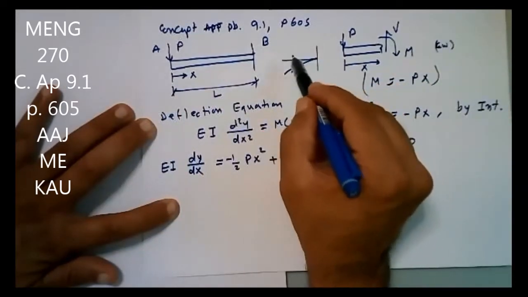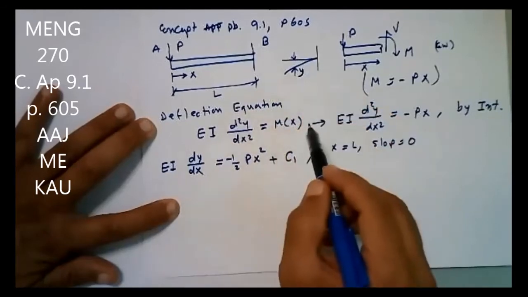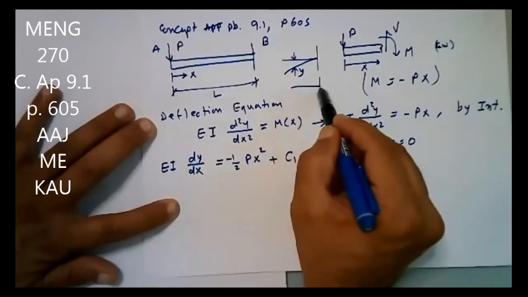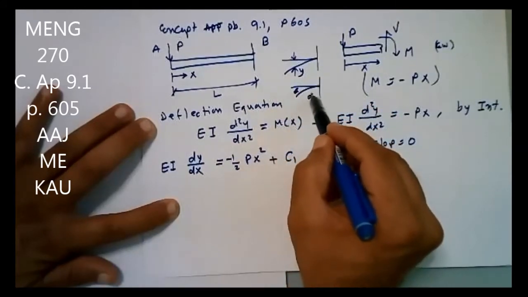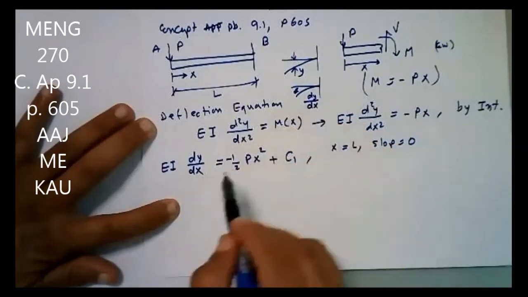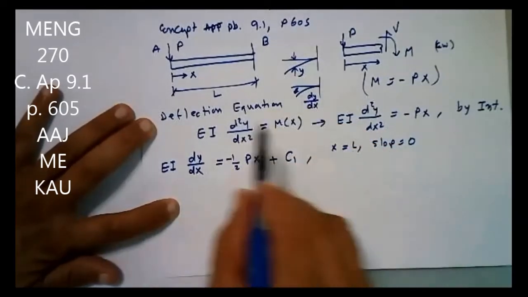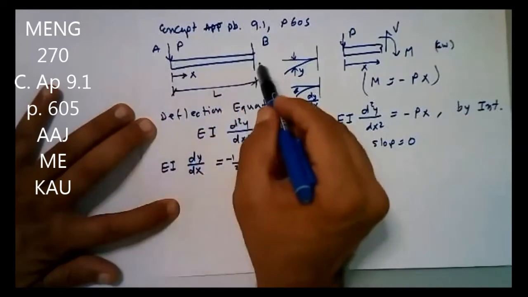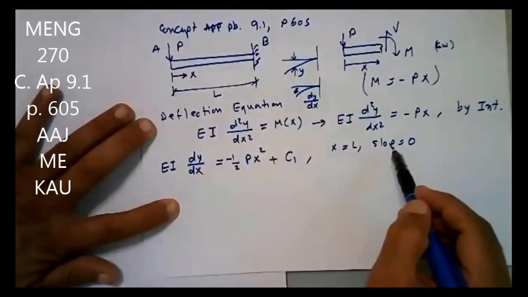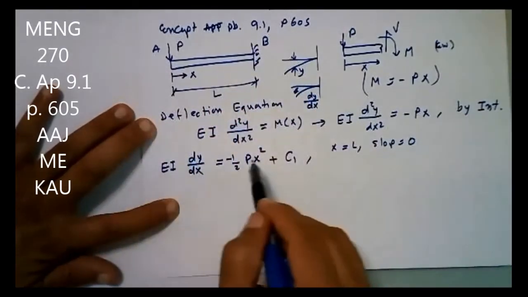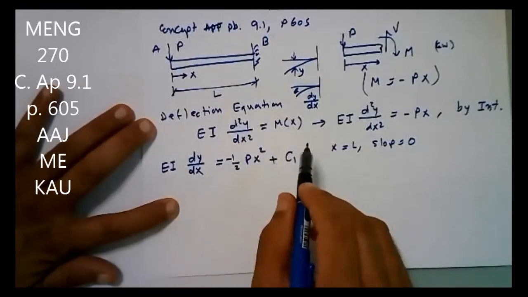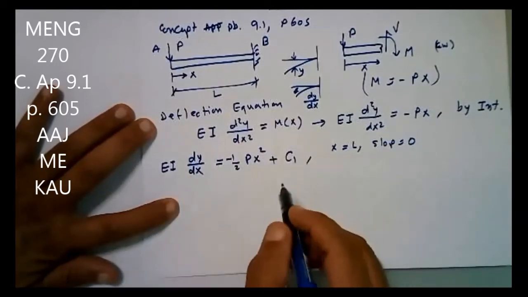So this is y. However, theta is this, which is dy over dx. So at x equal to L, this is a constant, the slope is 0. This term must be 0.